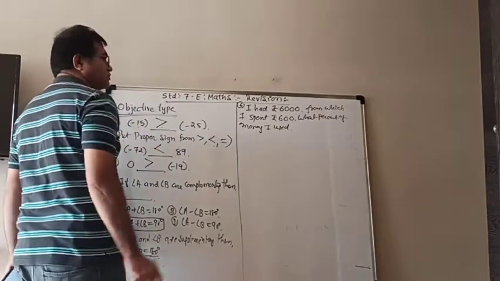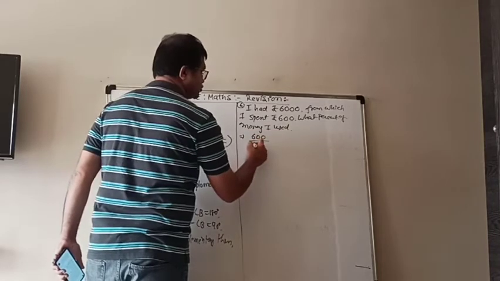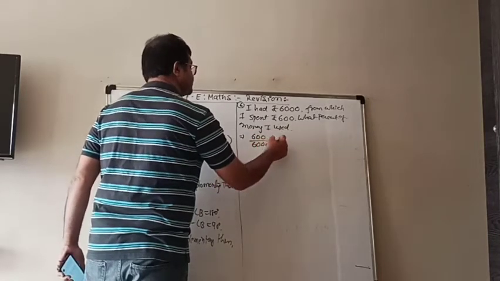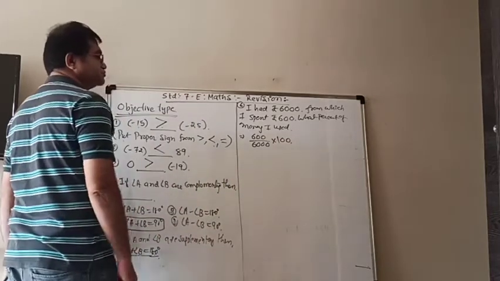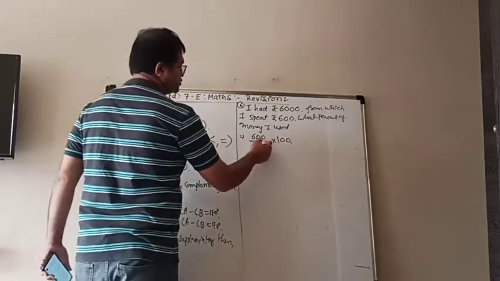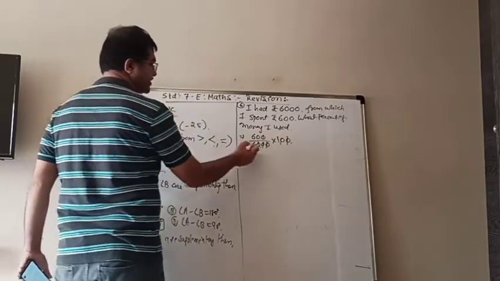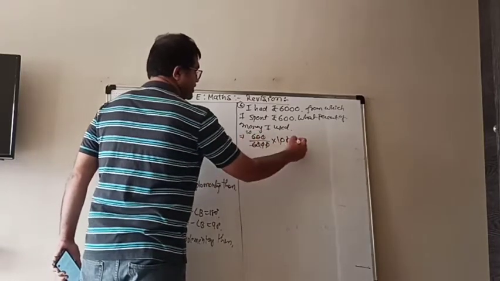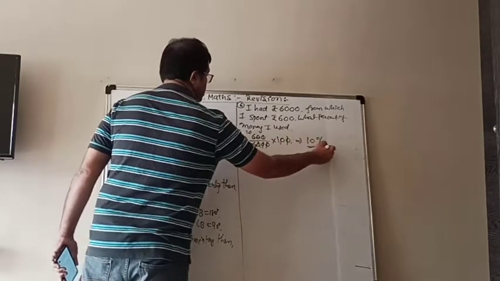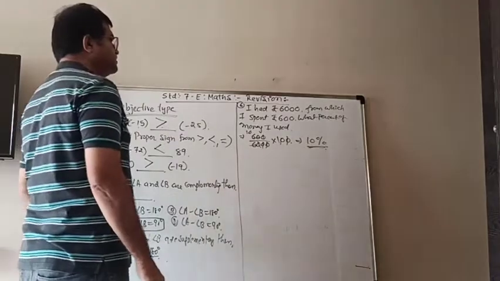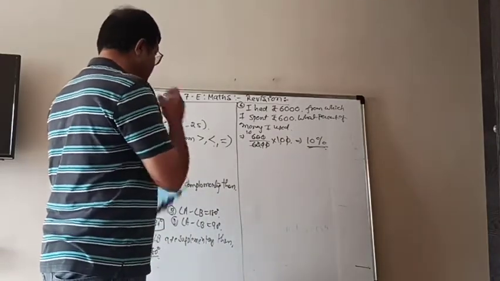So now we used 600 out of 6,000, multiplied by 100. Cancelling the zeros, 6 tens are 60. It means 10%. So I used 10% of the money that I had.